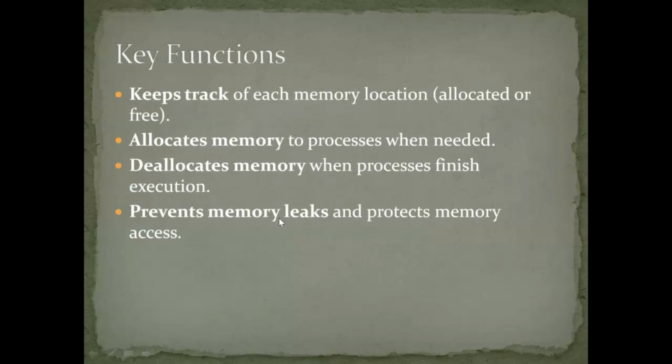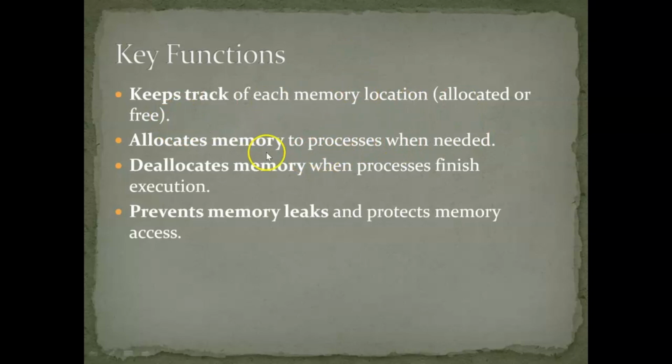Now key functions, if you see, it keeps track of each memory location. Okay, so memory locations, you have a memory, it may be utilized. So allocated memory is utilized, and some memories are free, some space will be free, consider it is a free space. So it allocates the memory to process when needed.